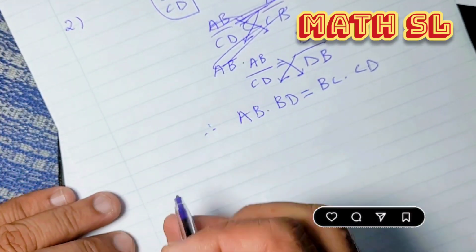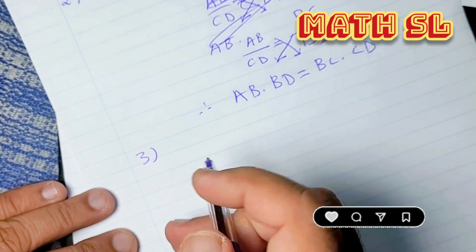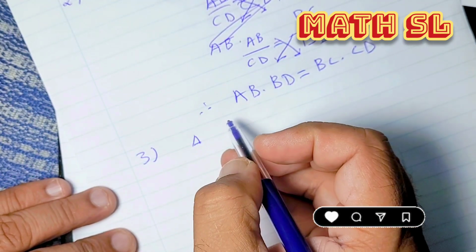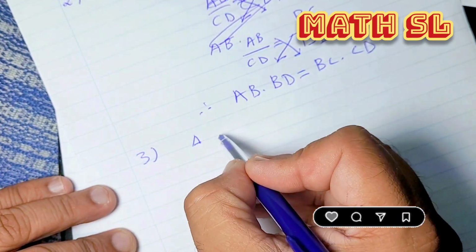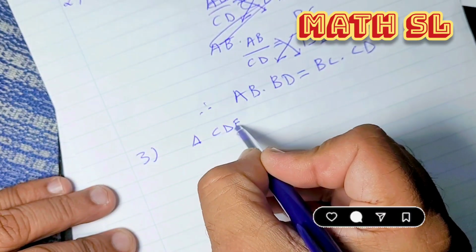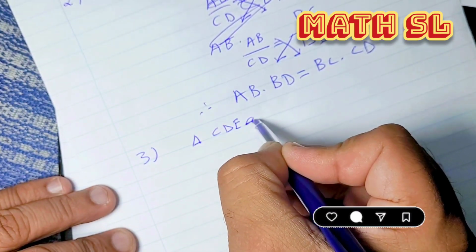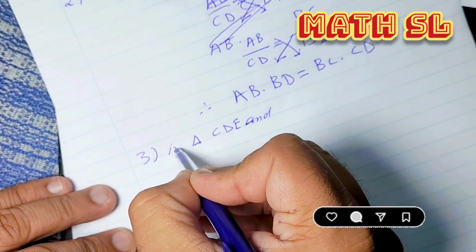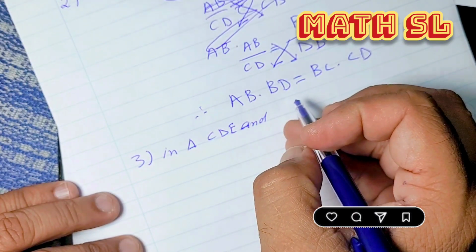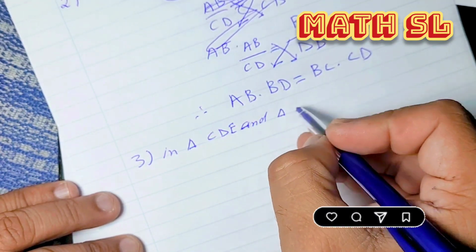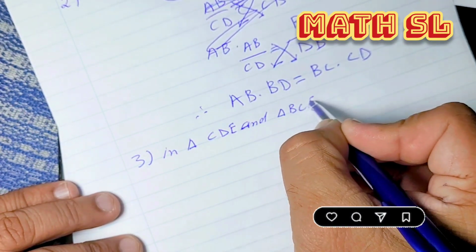So the third one: triangle CDE and triangle BCE.